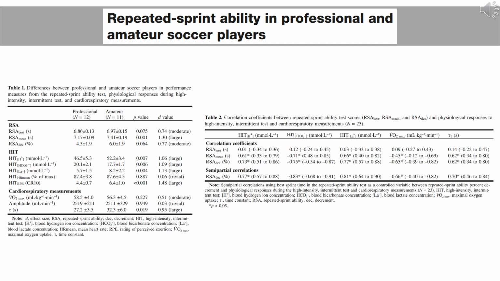So what can we take away from this? Collectively, repeated sprint protocols or repeated sprint ability is sensitive to changes in playing level, and if we're interested in linking our RSA as a proxy measurement for aerobic capacity, given that association and given the strong correlations with some of these in-depth physiological based metrics, it's not so much the best time that we're interested in, it's more going to be the mean value.